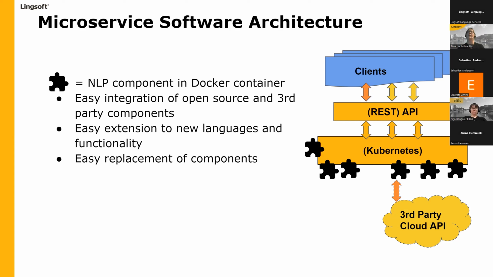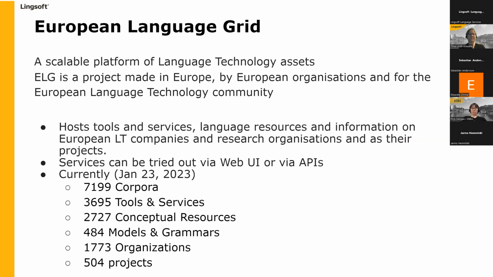These tools can be in a language that your organization wouldn't necessarily support, like we have in the NMT case. But since it's running there and it's working, you don't need to care about the insides that much. And then you can replace those components if you get newer and better ones.